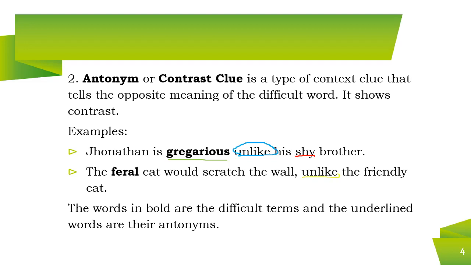So, what we are going to do now is to find the opposite meaning of the unfamiliar word feral. So what do you think is the opposite of feral? Okay, you are correct. It's friendly. So friendly and feral are opposites.